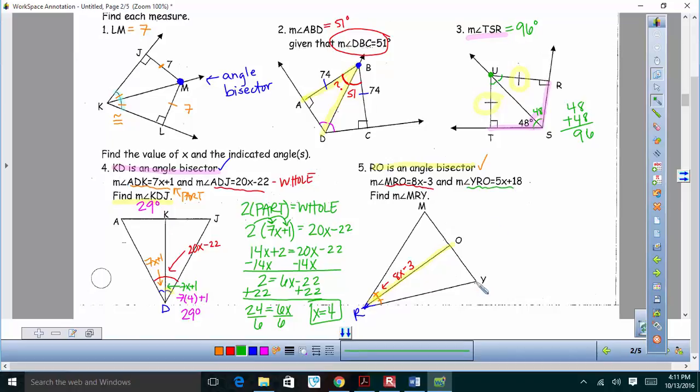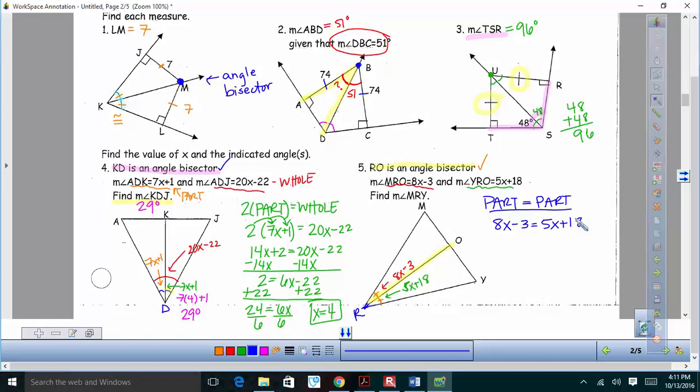If I start at Y, go to R, go to O, it's talking about this angle right here, which is 5x plus 18. So I'm given a part and a part, and we're going to plug it into the equation part equals part. So we're going to do 8x minus 3 equals 5x plus 18.